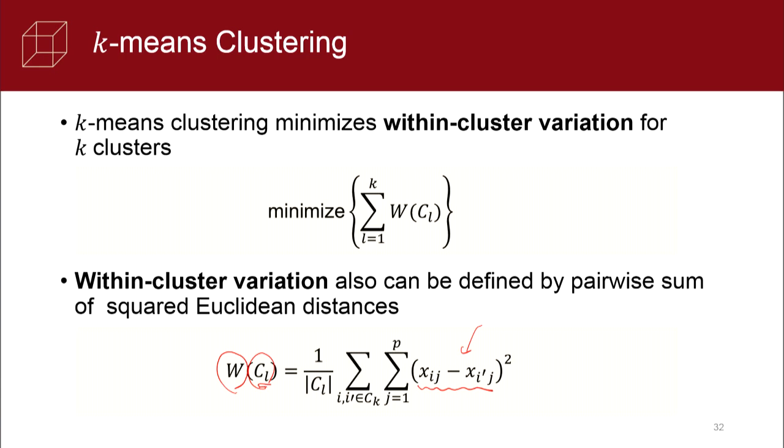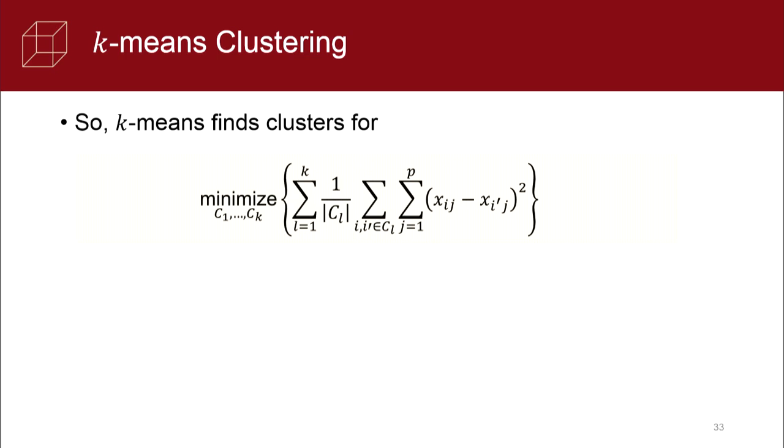That is defined as the within-cluster variation. If you consider the within-cluster variation for every one of the k clusters, this algorithm tries to minimize it.